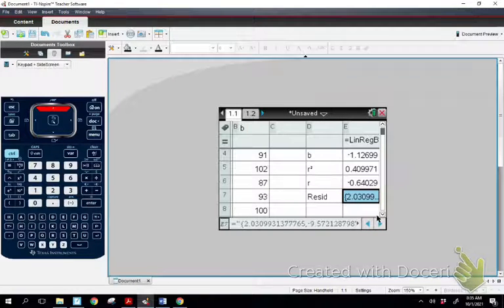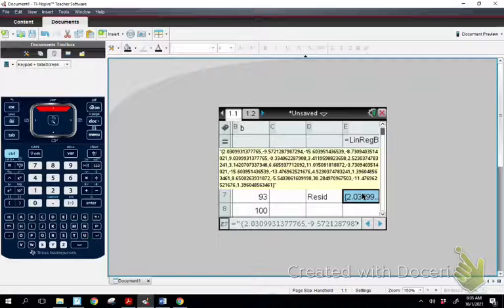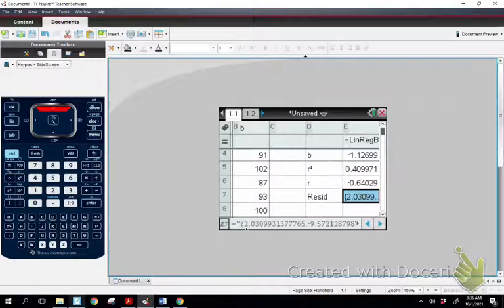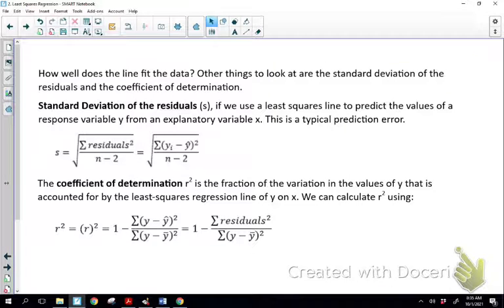They get a form of a standard deviation of those residuals. So if we go back to the notes, there's the formula. So they add up, well, first they square all those residuals, they add them all up, and they divide by n minus 2, because we're talking about two variables, x and y, and they square root it.